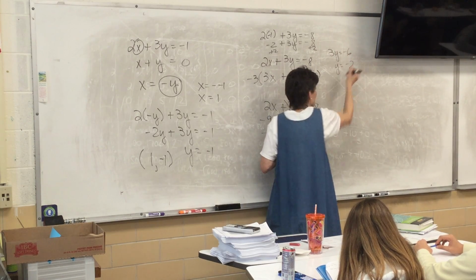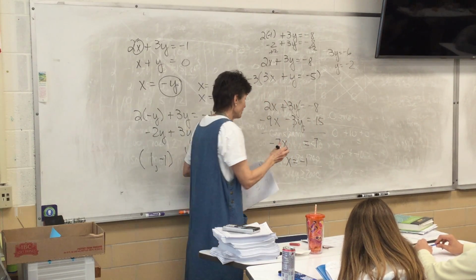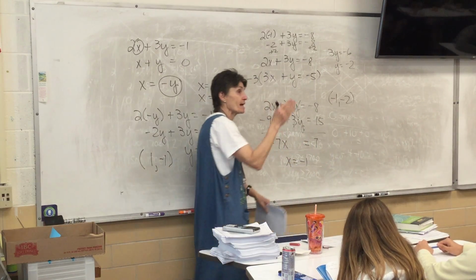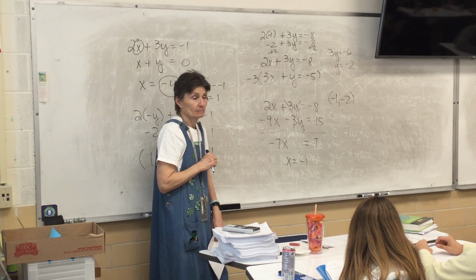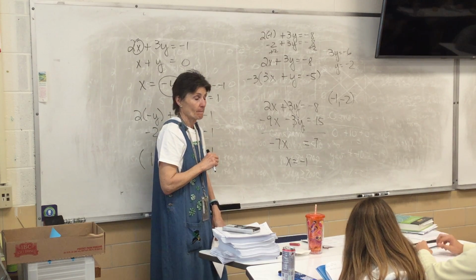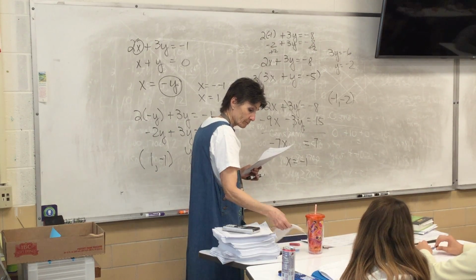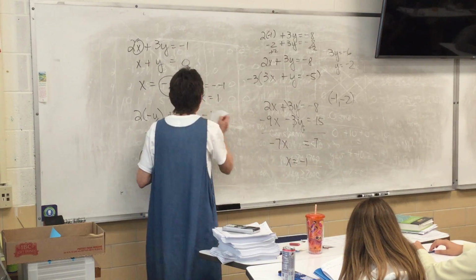So y is -2? Yeah. And then how do we write our answer? Exactly, -1, -2. Always x, comma, y. All right, hopefully that's easy for you guys. You've done that since you were like freshmen.